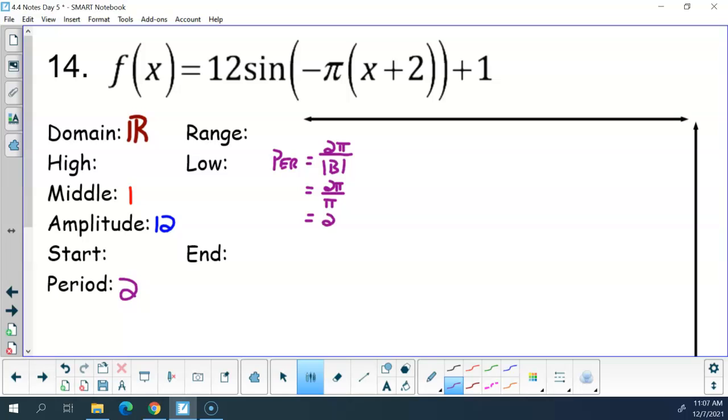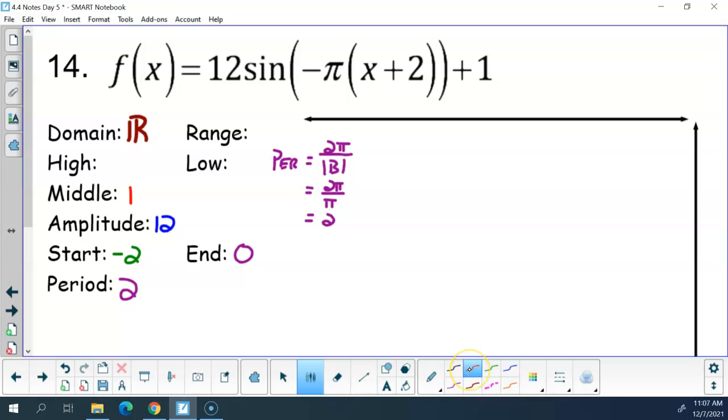What else we got? Start is negative 2. So that means that our end would be at 0. I would go with a high of 13, because that would be the middle plus the amplitude.